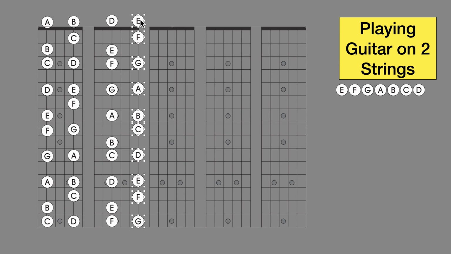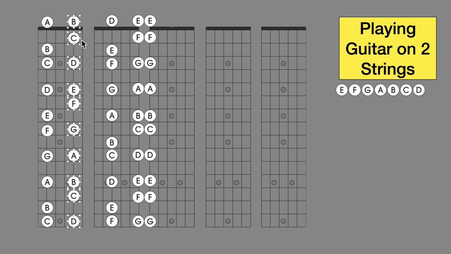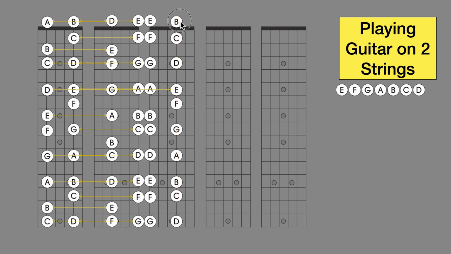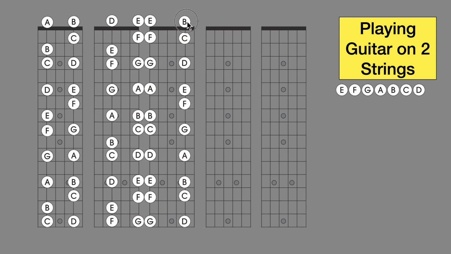All right, so let's now move this over here. And we see that if we now cross over 3 whole strings and end up on the B string, we have the interval of a perfect fifth plus an octave.